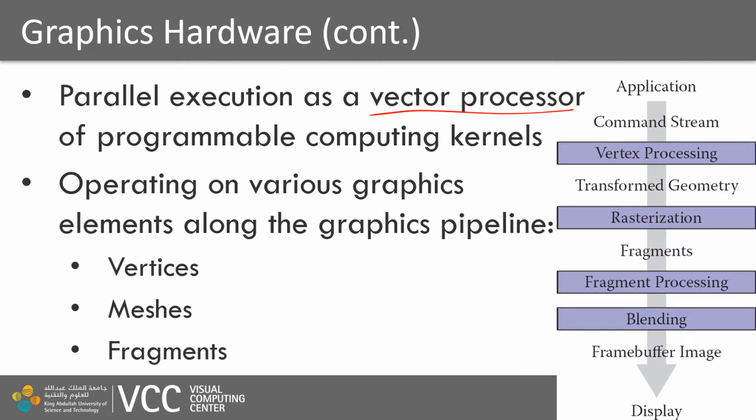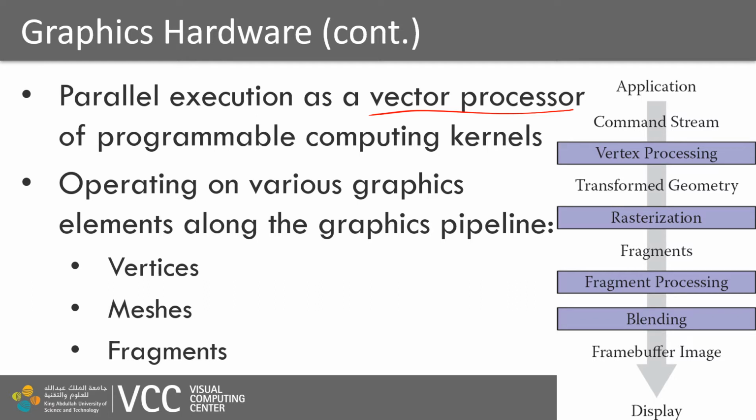And then at the end of the graphics pipeline, we have a finally rendered image. Along this graphics pipeline, we will have various types of primitives, and these primitives will be processed in parallel with small programs called shaders. We will be talking about them in a moment.